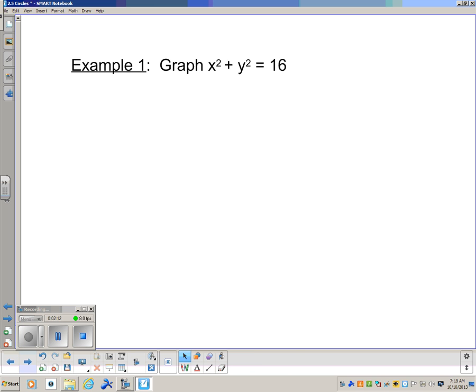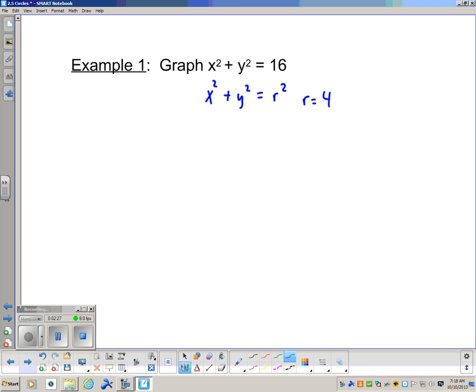So let's go ahead and graph x squared plus y squared equals 16. Right away I'm seeing that I've got x squared plus y squared equals r squared, so my radius must be 4.